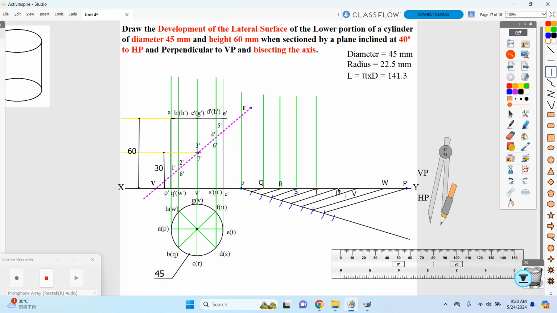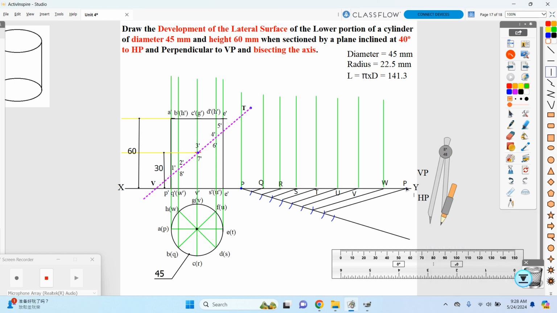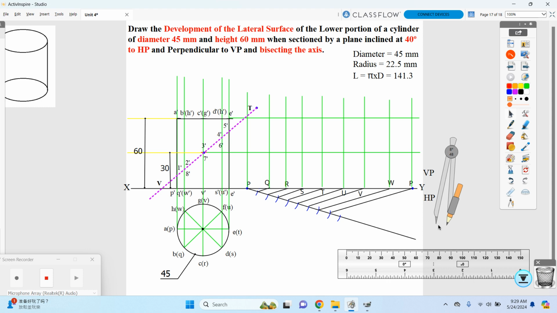So if you use your L scale, you can develop this equal splitting of lines. Then consider from this point to here for our reference, and if required you can develop from your cutting plane also.